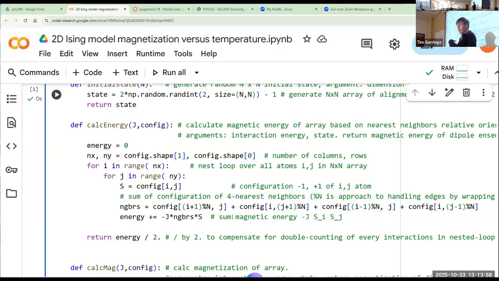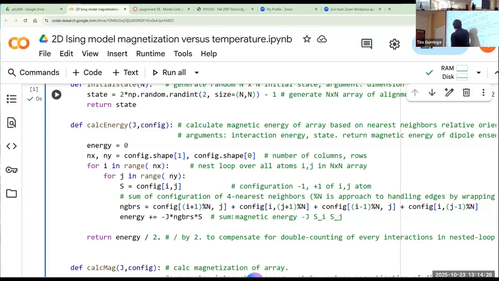So each time I call calculate energy, I pass the current microstate, which I call configure for configuration. Those are the arguments I pass, and then it's going to return the energy of the entire macroscopic system. So I'm returning energy here. How does it do that? Well, first it initializes the energy of the system to be 0.